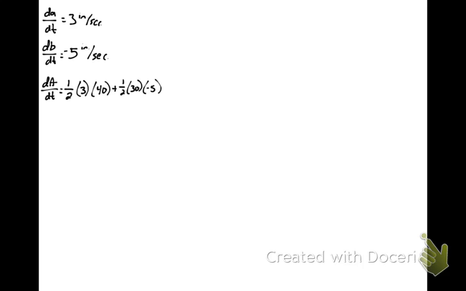When we simplify this, this would be 60 minus 75, or -15 square inches per second. That's how much the area is changing. It's decreasing.